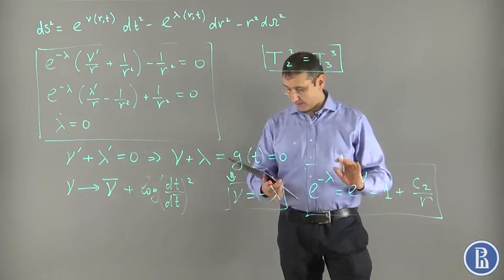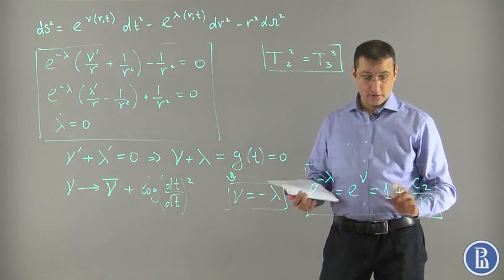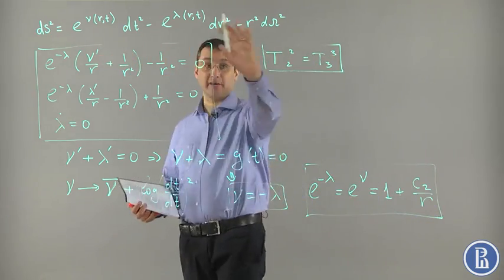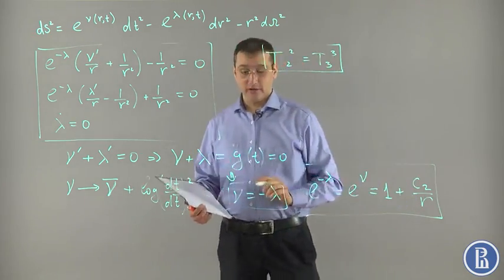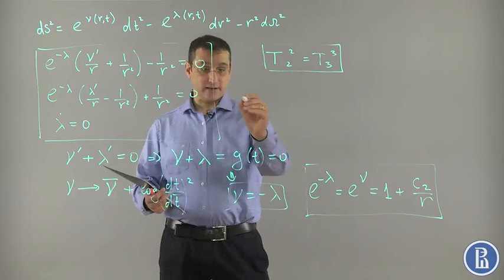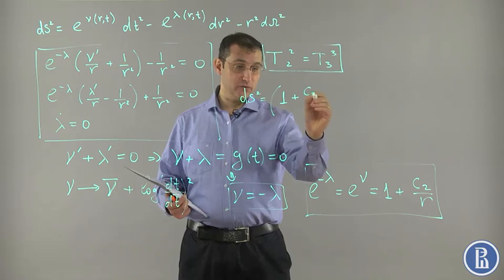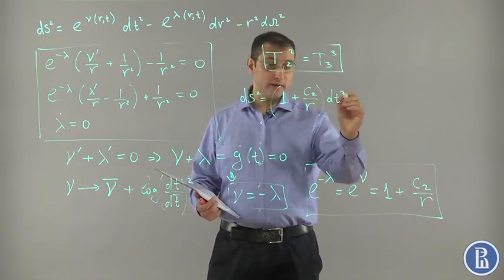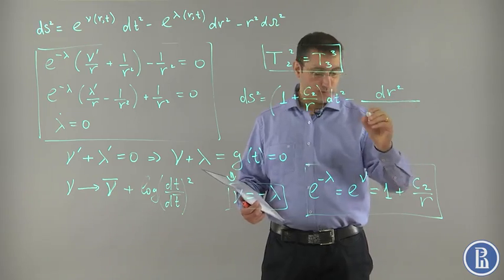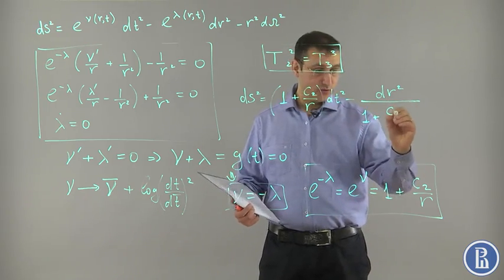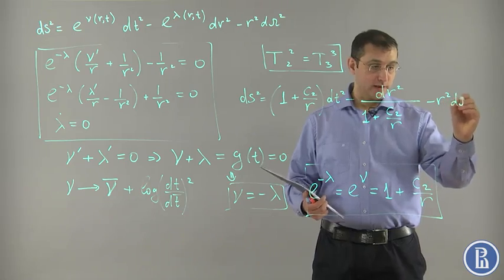But let me stress that if C2 equals 0, we have the flat metric again. If C2 is not equal to 0, then the metric has the following form: 1 plus C2 over r dt squared minus dr squared divided by 1 plus C2 over r minus r squared d omega squared.